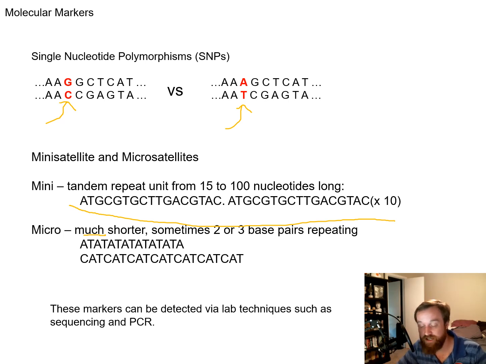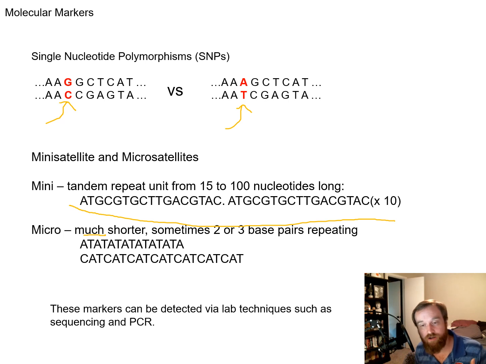We would say this individual has 10 copies of this minisatellite, and the person sitting next to you may have only 5 copies of it, or may have 100 copies of it. That's something we can use to distinguish two people's DNA. Microsatellites are much shorter, sometimes 2 or 3 base pairs repeating, but they can be up to 15 when they become a minisatellite.